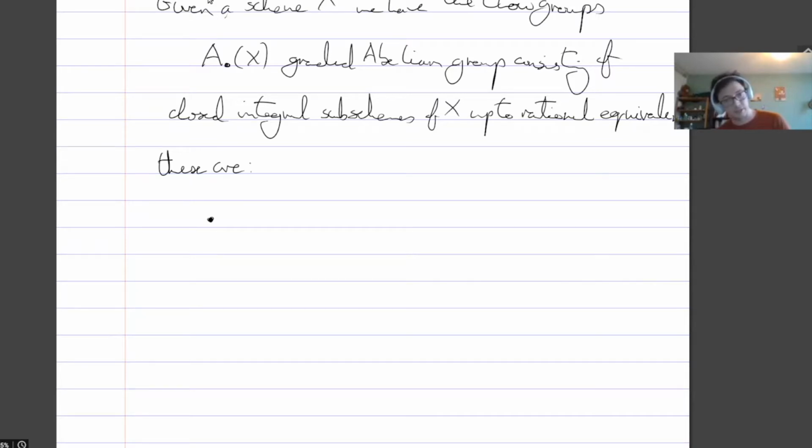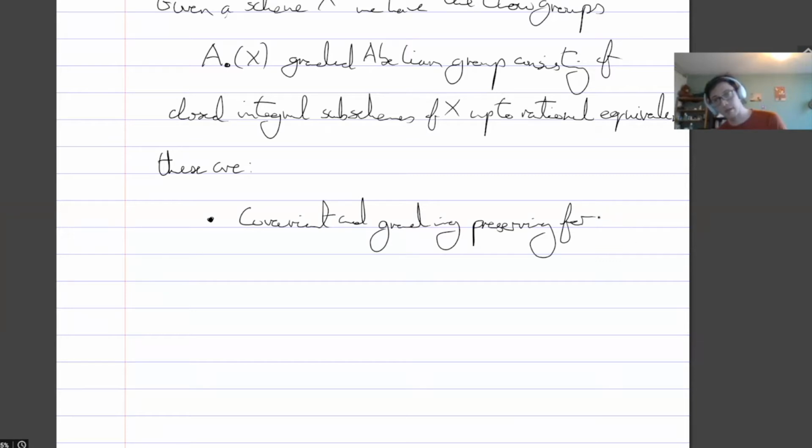and the first thing I want to say is covariant and grading preserving for proper maps.